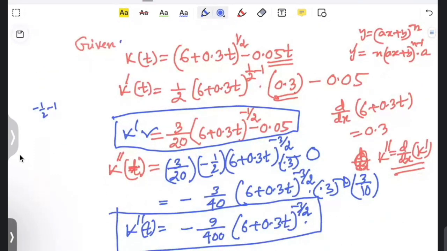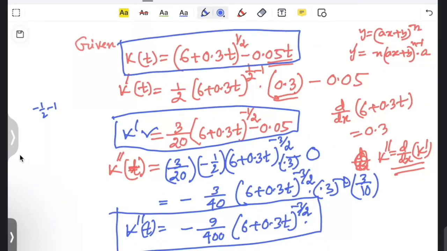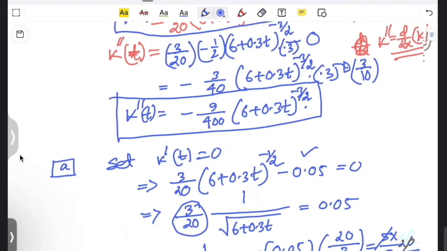So we understand that this function has a stationary point at t equal to 10. But a stationary point can be a maximum point, a minimum point, or a SIP, stationary inflection point. To confirm whether this stationary point is a maximum or minimum, we need to put t in the second derivative.